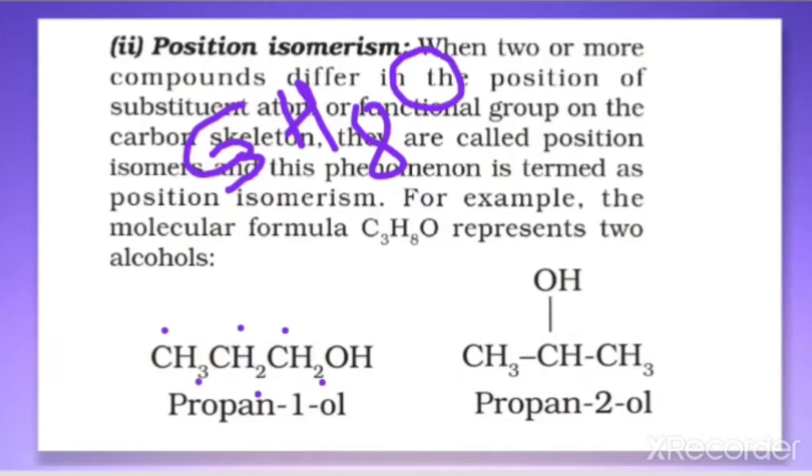Similarly, in the second structure, there are 3 carbons and hydrogen number 3 plus 3, 6, 7, 8, and 1 oxygen. So in total the carbon number is 3, hydrogen number 8 and oxygen number 1. So they have the same molecular formula.